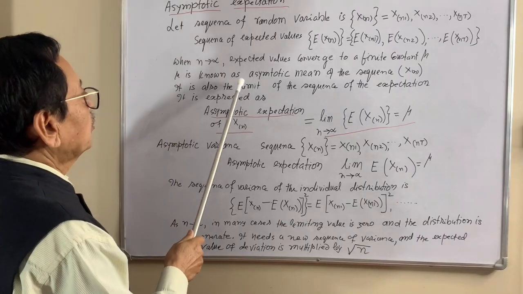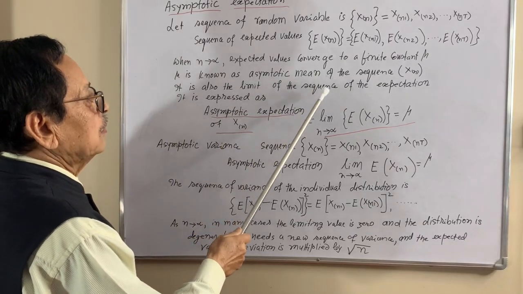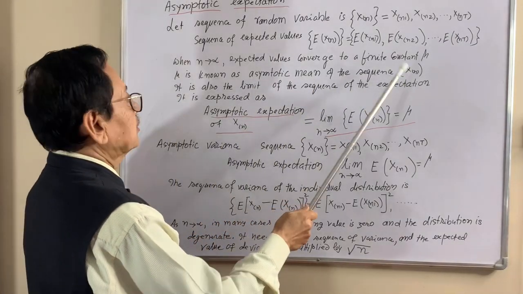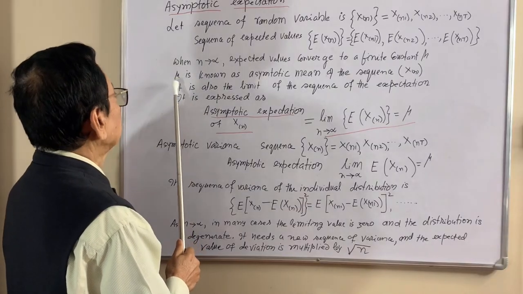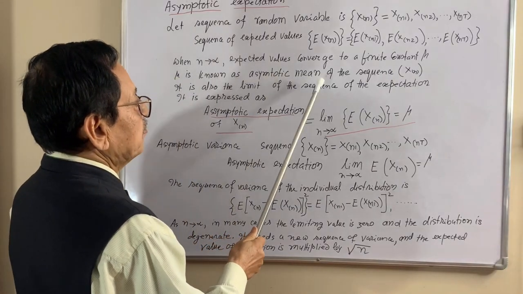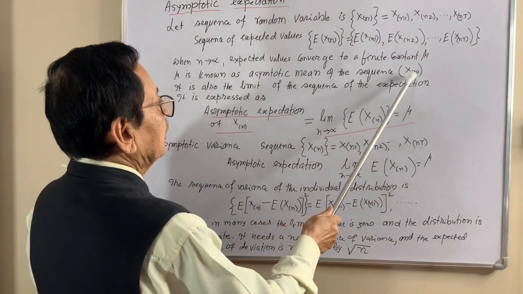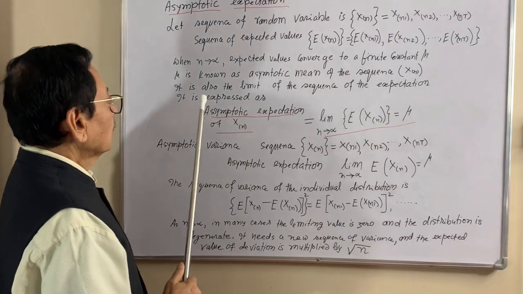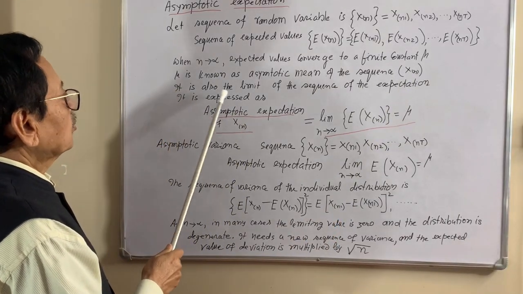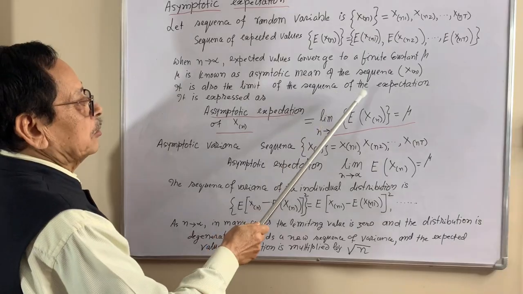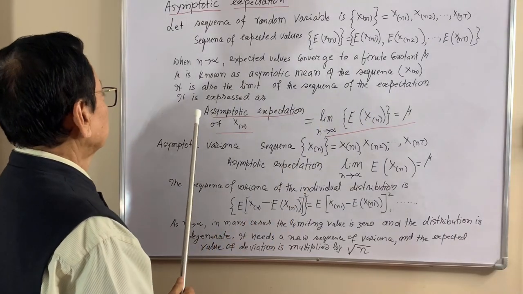And mu is known as the asymptotic mean of the sequence xn. It is also the limit of the sequence of the expectation.